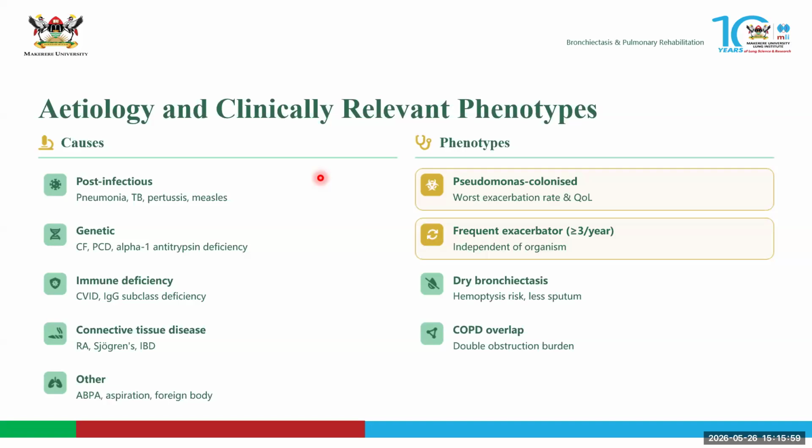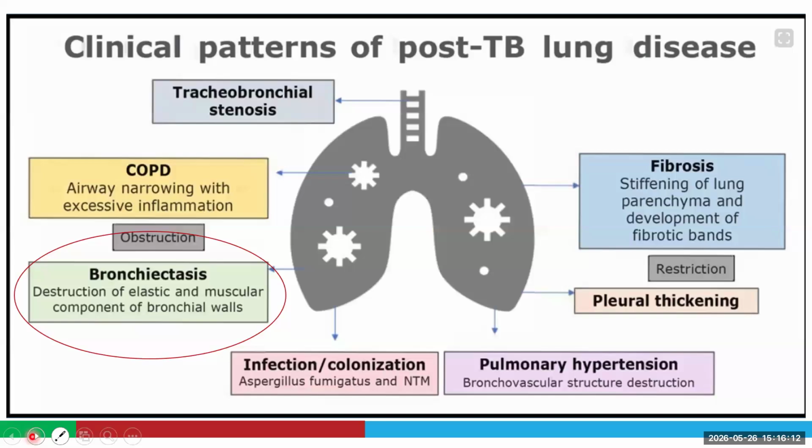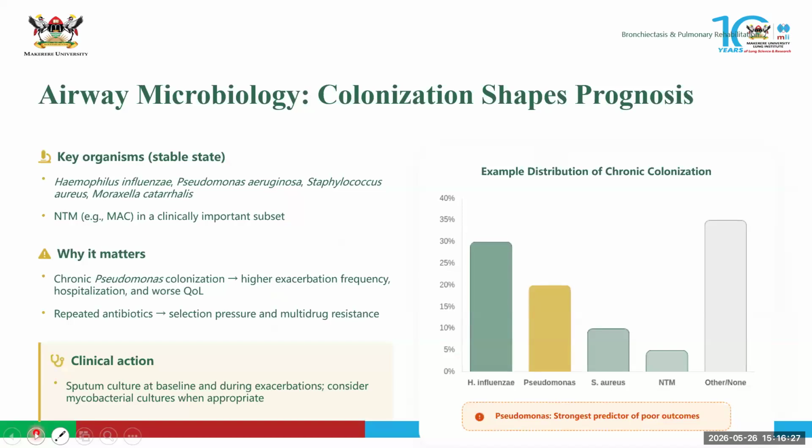Then the different immunodeficiency syndromes, the connective tissue diseases, and others that may contribute to the chronic inflammation. This schema points out the different patterns of post-TB disease, to show that bronchiectasis is also one of the clinically significant syndromes in post-TB lung disease.